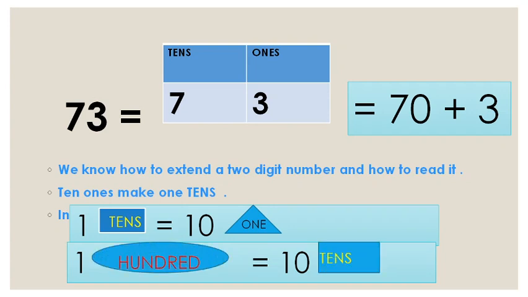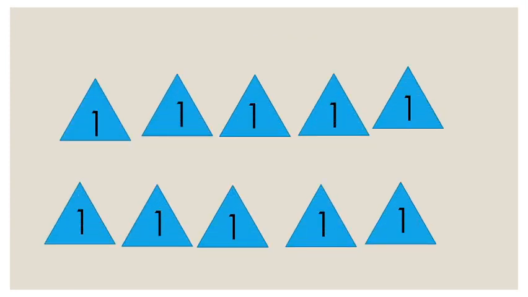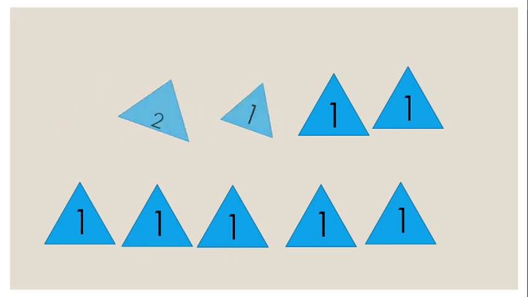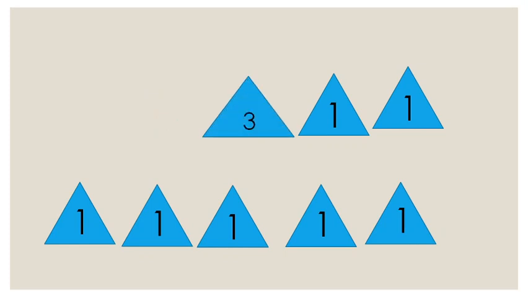Now let's see in detail how 1 ten is equal to 10 ones. There are 10 triangles here. Each one carries 1, so 10 ones are there. When we add the first one and second one, 1 plus 1 becomes 2. Then 2 plus 1 becomes 3.